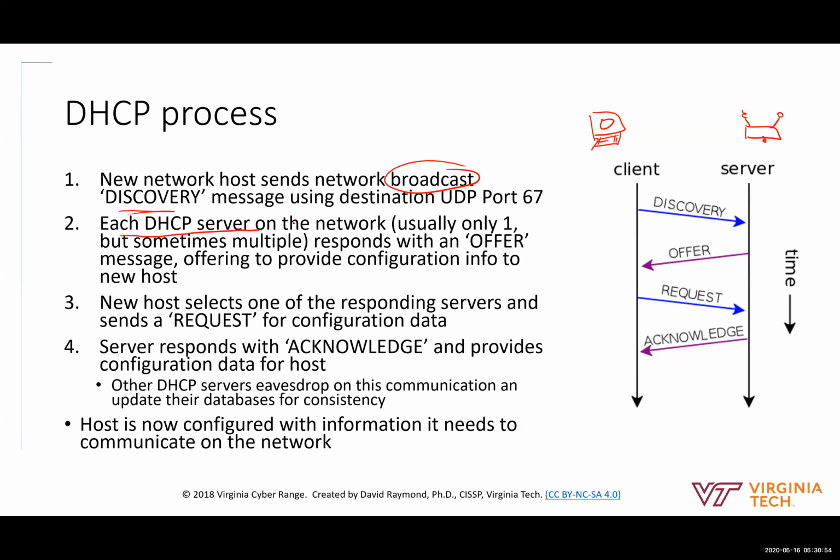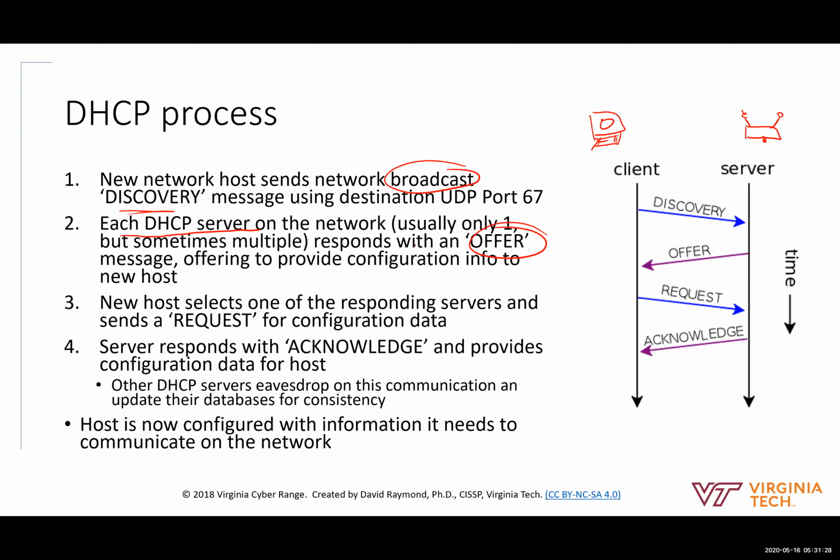Once that discovery message goes out, any DHCP server that receives it is going to respond with an offer message. Basically the offer message is offering to provide the configuration information to the new host. It doesn't provide that information, it simply offers to do so. Why do I want to do it that way? Why don't I just provide the information? Well, I don't want multiple DHCP servers to provide conflicting information back to that client. I only want to get configuration information from one DHCP server.